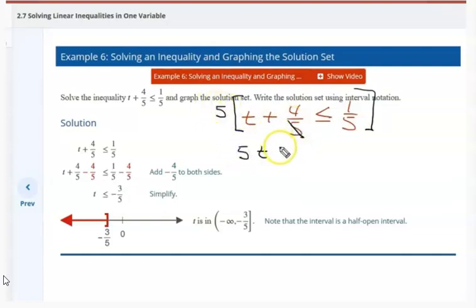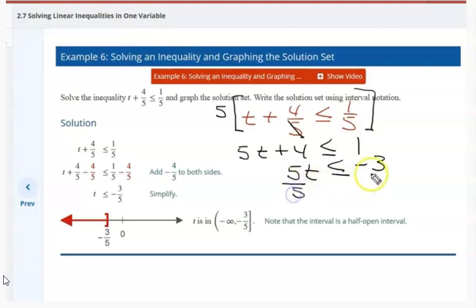Here the 5's cancel out, and this becomes 4, less than or equal to, this 5 cancels out, and this is a 1. So now we have 5t, transpose the 4, it becomes a negative 4, so this becomes a negative 3, and we just divide both sides by 5, as we do in equations, and we get t is less than or equal to negative 3/5.